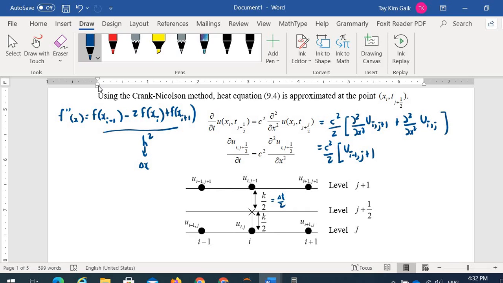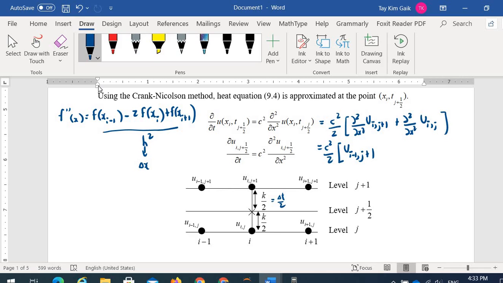So this is it. Top, this is level j. So left is i minus 1, center is i, right is i plus 1. That's why this will be u i minus 1 j plus 1. This is u i j plus 1. This point is u i plus 1 j plus 1. Go down, this at the point x is at the i plus 1. This is level j. So this is u i j, this is u i minus 1 j.